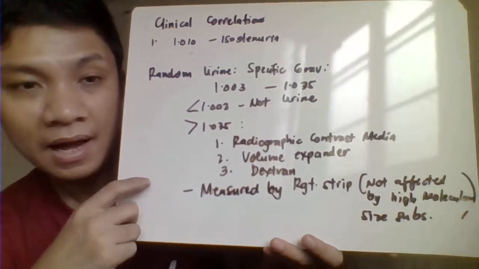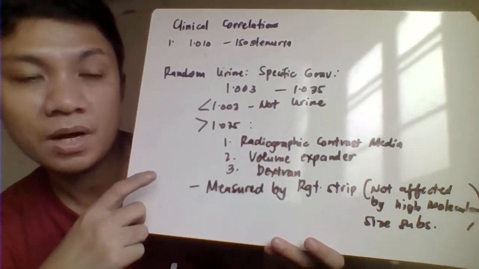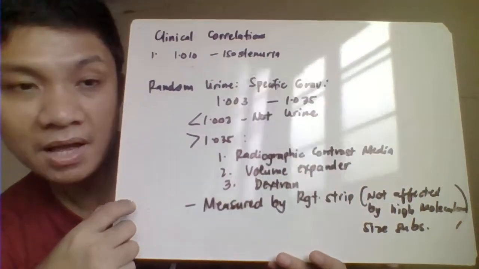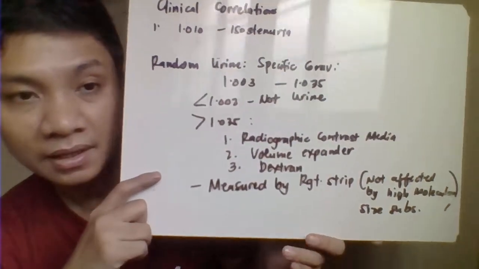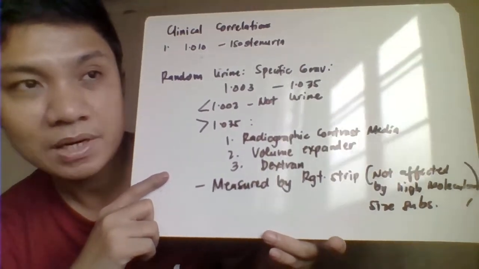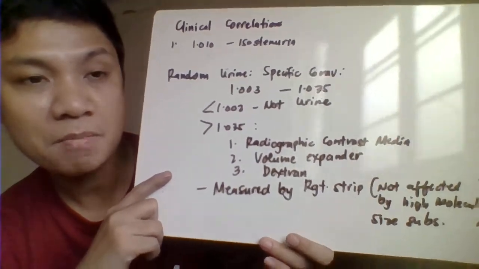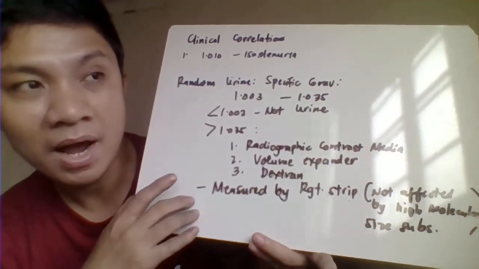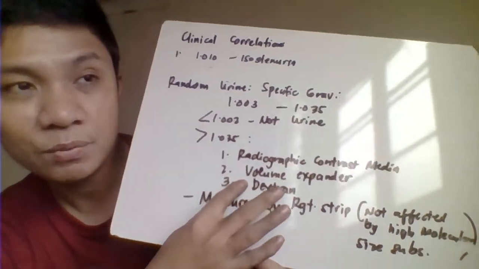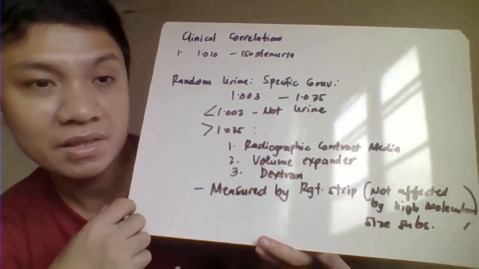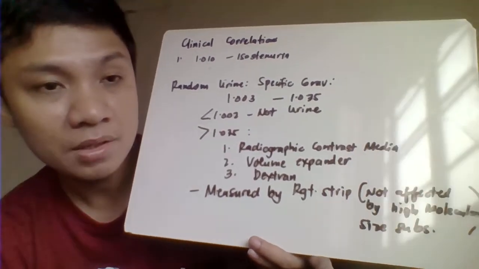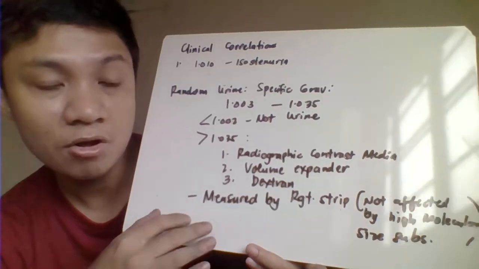Another one, a high specific gravity reading of more than 1.035 may be because of the presence of a volume expander or dextran. A very high specific gravity reading could eventually no longer be measured by our instrument. Since when these are present, you would have a false increase in your specific gravity reading if you read it using a urinometer, refractometer, or harmonic oscillation densitometer.